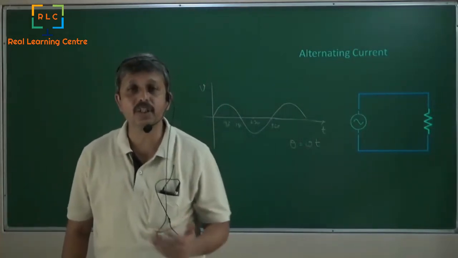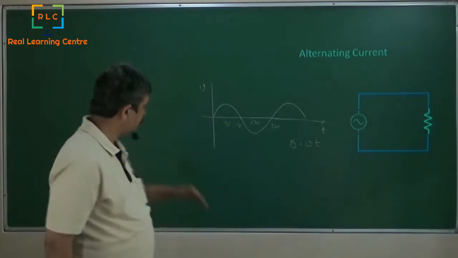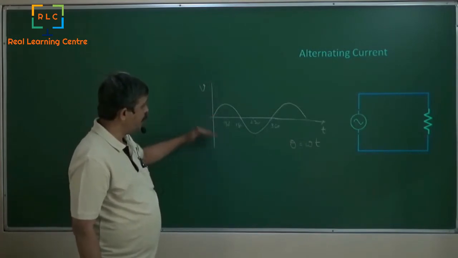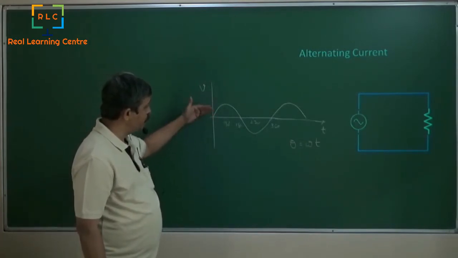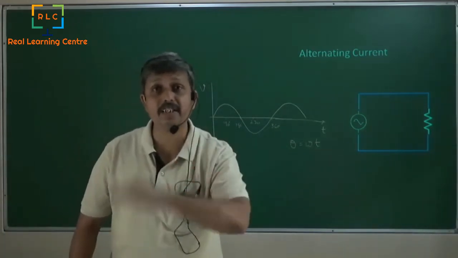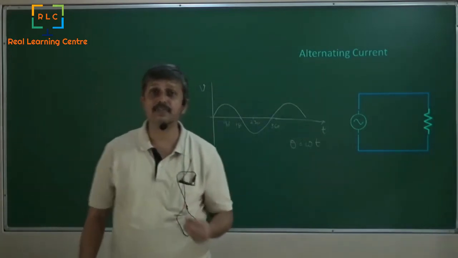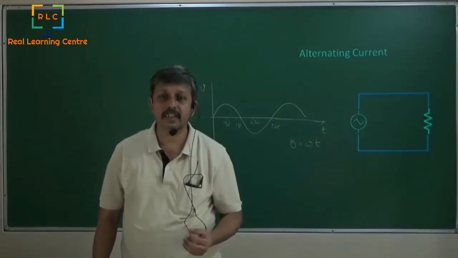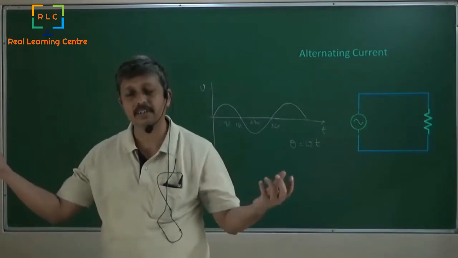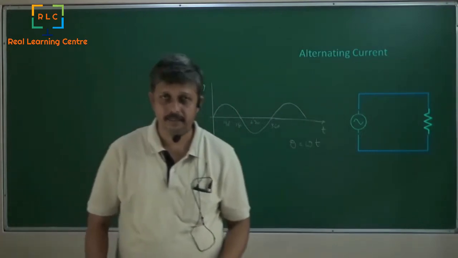The reason we call it alternating current is because it goes above 0 and below 0, positive and negative, so it is changing direction. This is the current that we use regularly at home. If you see the plugs from where the power comes, it's all alternating current.